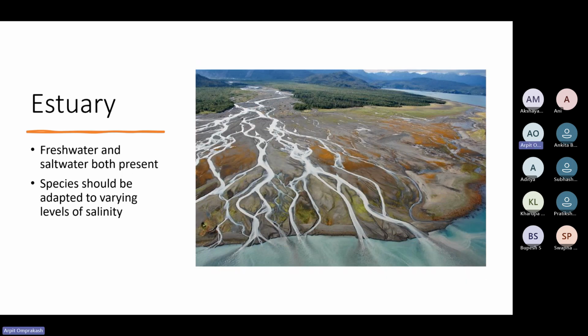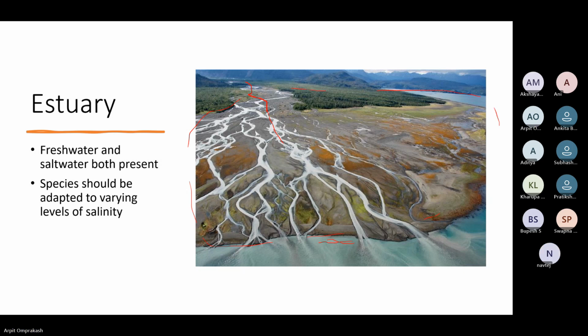So next we have estuaries. As you see in the photo, a river that is coming from this side is basically meeting the sea. This area is called an estuary. It has both fresh water and salt water present. The river mostly contains fresh water and the sea contains salt water.